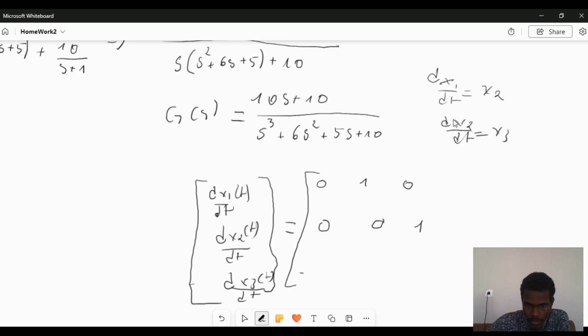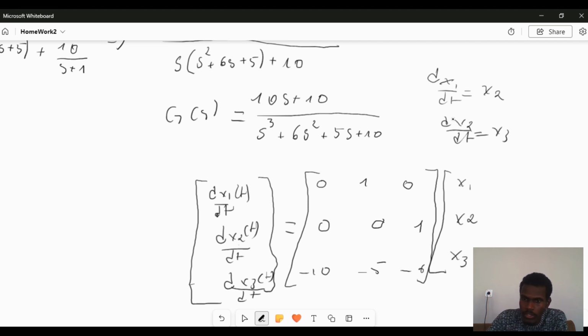And here we have minus 10, minus 5, and minus 6, multiplying x1, x2, and x3(t), plus, for u(t) we have 0, 0, 1, which is, in x3, we have 1 u(t).